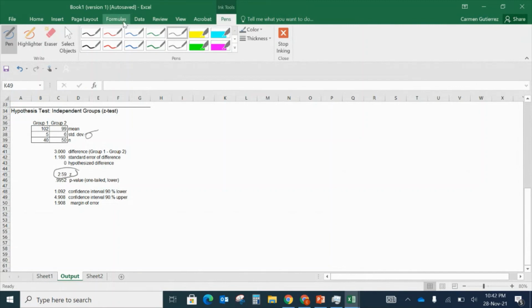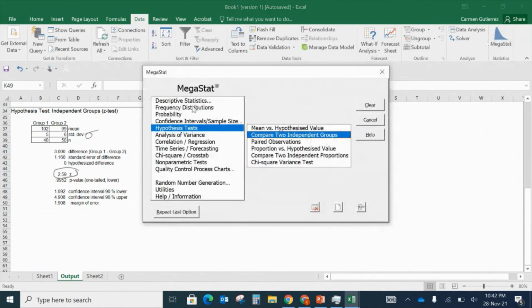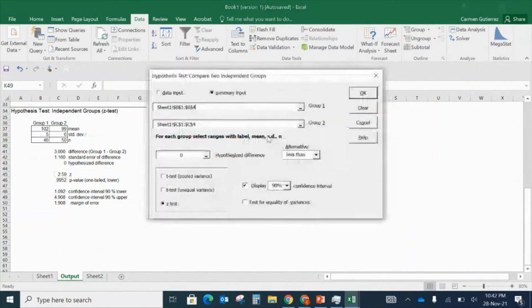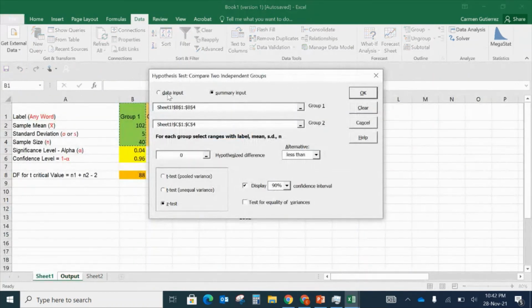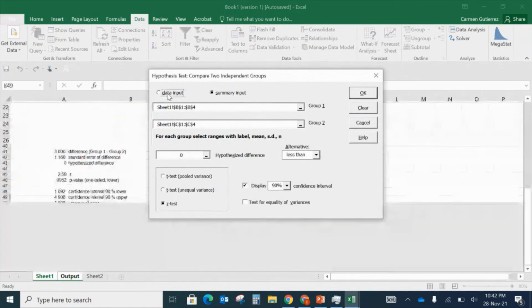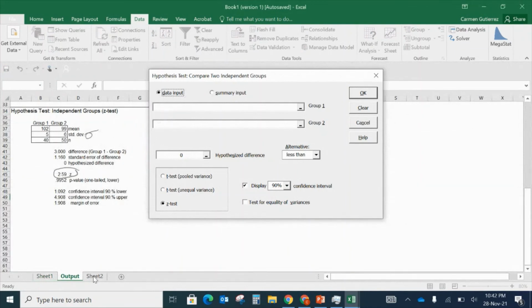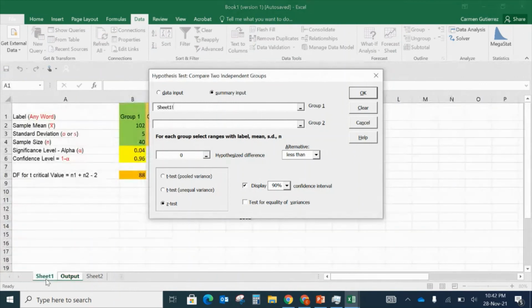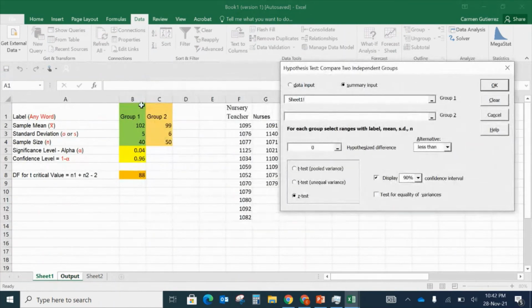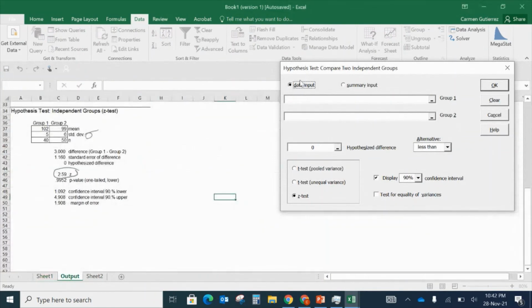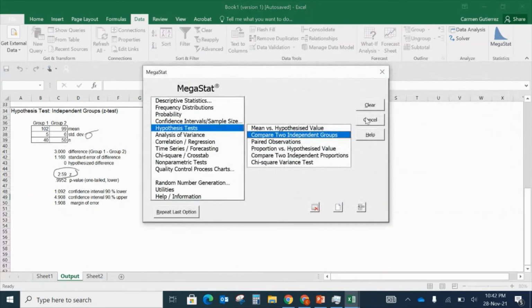So: data, MegaStat, hypothesis testing, compare two independent groups. A couple of decisions you have to make. First, do you have the data input, which means do you have columns, or do you have the summary input? The summary input is like this, where you have the label, the sample mean, standard deviation, and the sample size. Data input is if you have columns.